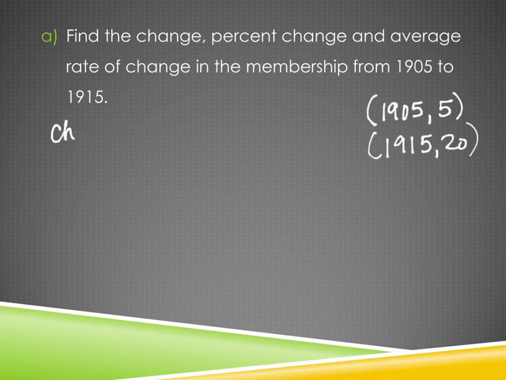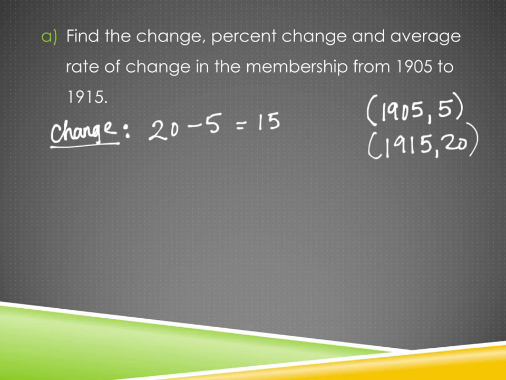So we're going to start with change. What would I be subtracting if I'm subtracting change? Say it loud for me, Jacob. 20 minus 5. Yep, 20 minus 5, or whatever nearby value it was that you found on your graph. 20 minus 5 is 15. 15 what?